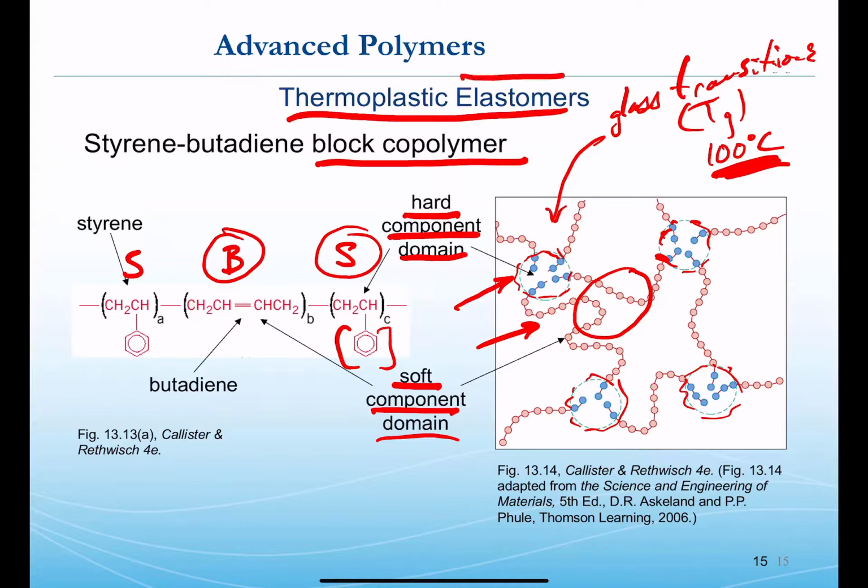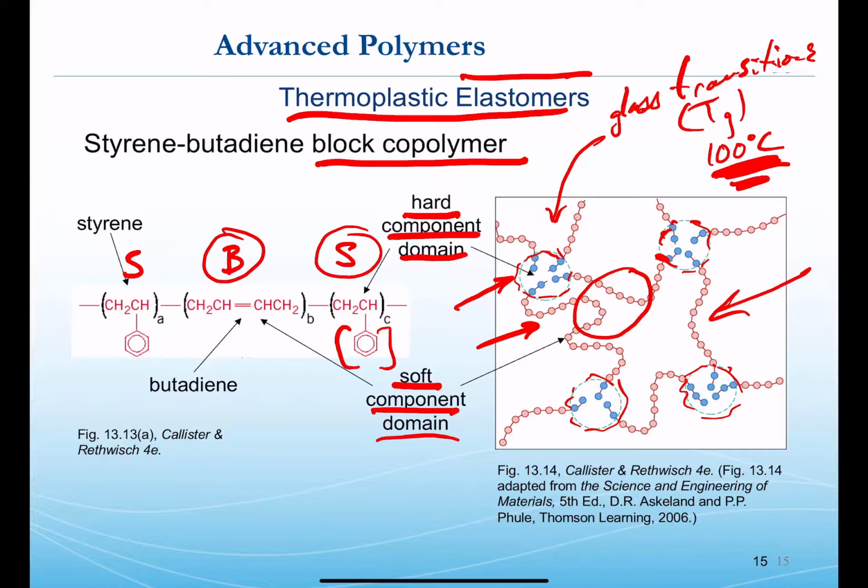The elastomeric property of the material comes from the fact that this butadiene segment is very high viscosity fluid-like, so it can absorb energy on impact, put all that kinetic energy from the striking object into molecular motions in the main chain.